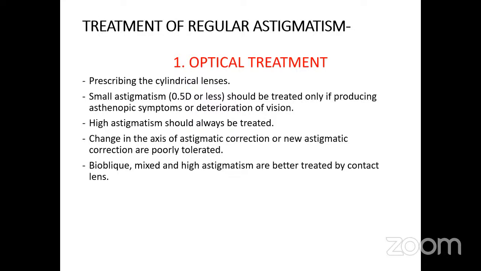If you give 10 degrees, he will not see clearly, but if you give 20, he may see clearly because his retina is adapted to that astigmatism. That is another observation we may encounter in the OPD. So generally, if a patient is used to a certain axis in the specs, it is better to continue with that unless there is a gross change in the vision.